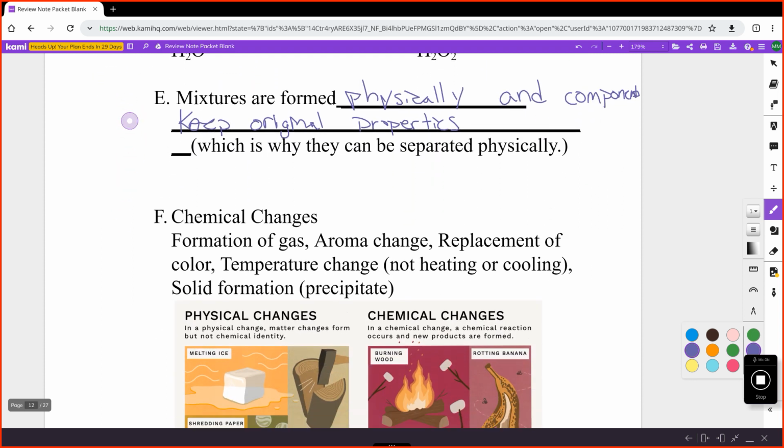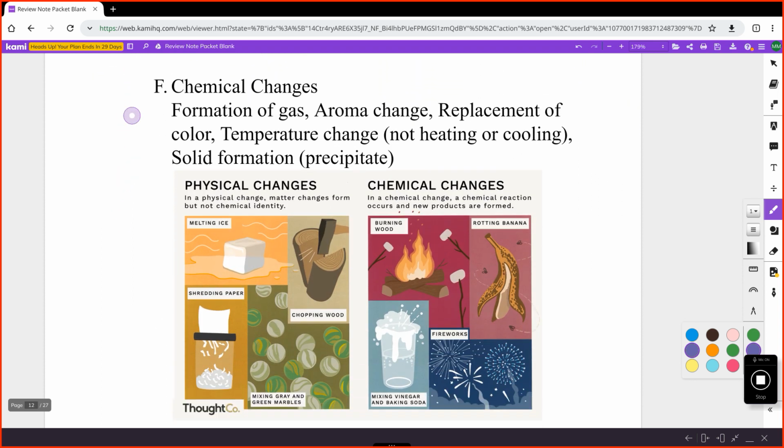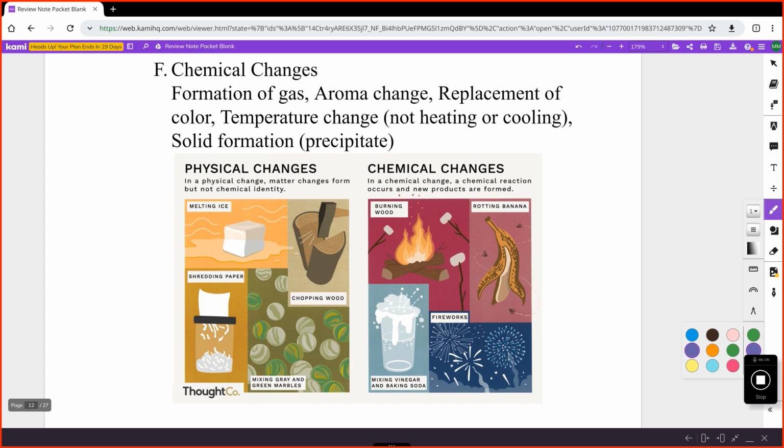Okay? So another thing that's common is chemical changes. Chemical changes, physical changes. The most important definition of a chemical change, other than how we know it happened, is a new substance is formed.